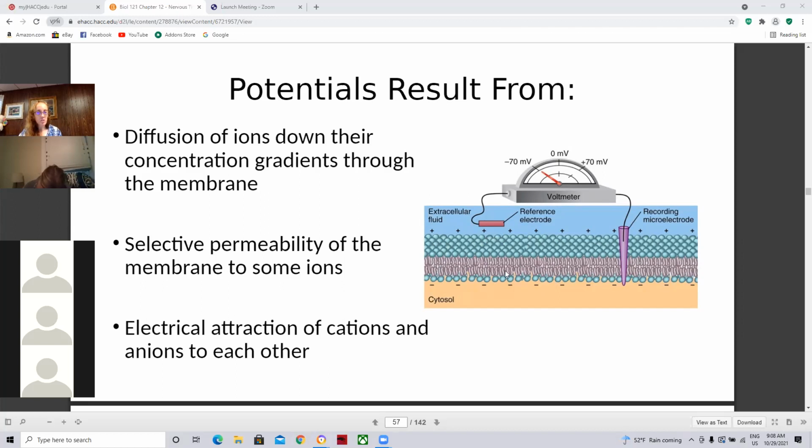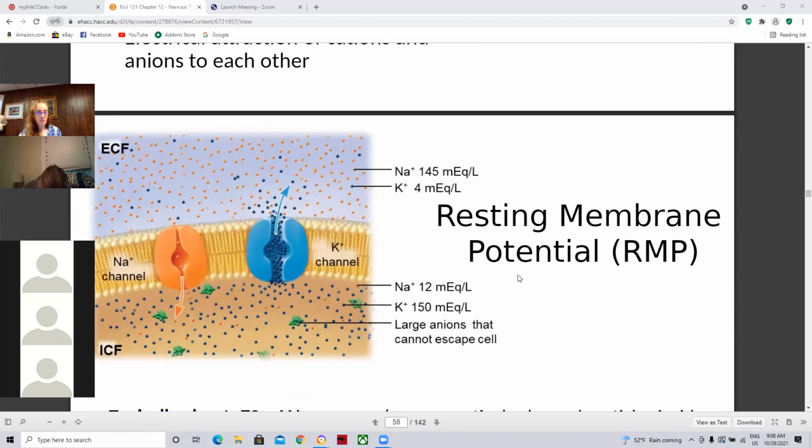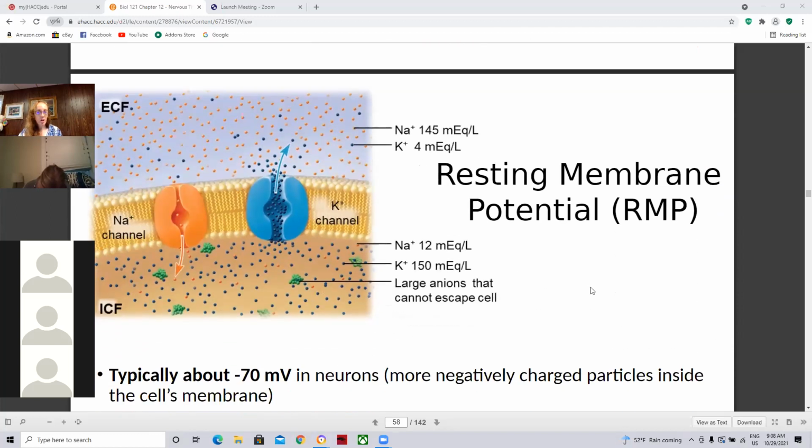But the membrane is only selectively permeable to allow certain things through. However, with channels in the membrane, some ions can diffuse through.